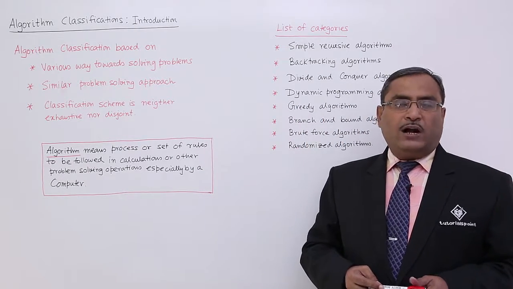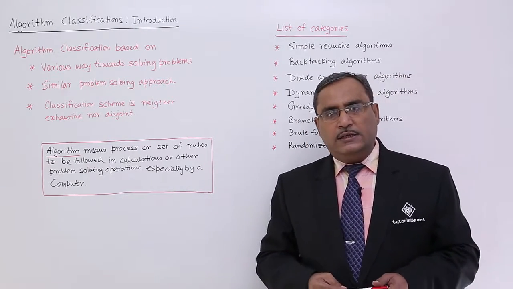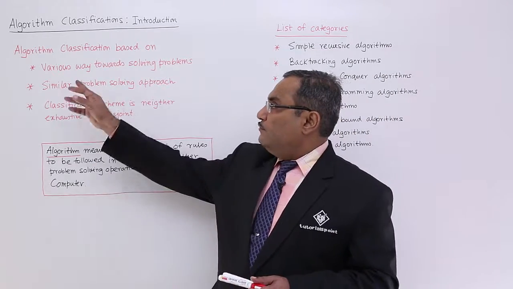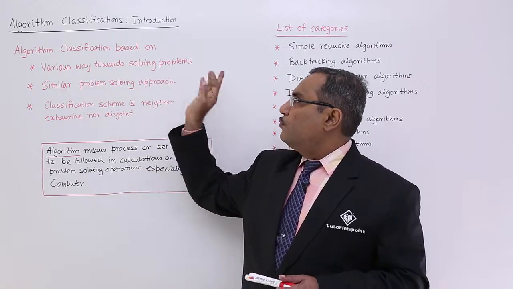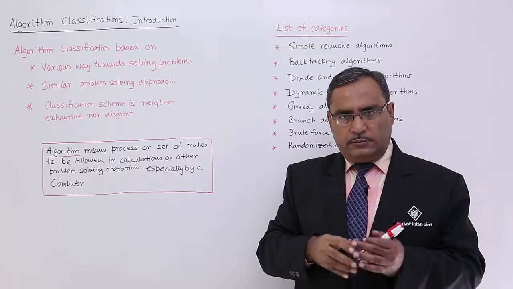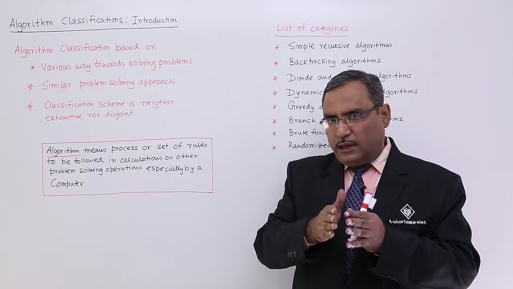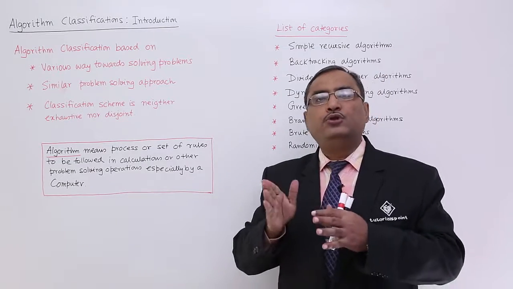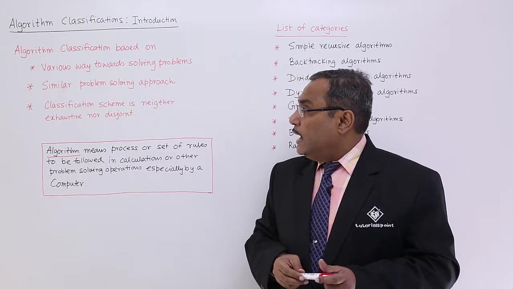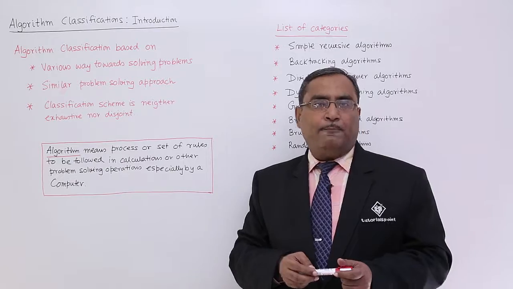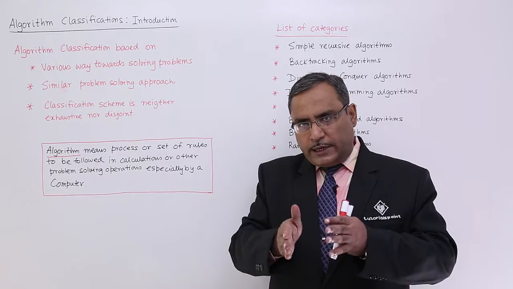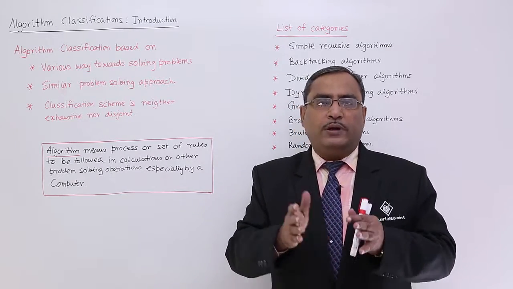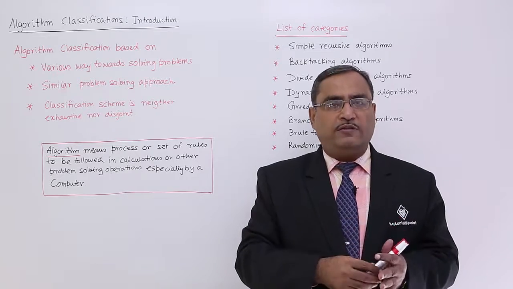But depending upon what are we doing the classifications? Depending upon the various ways of solving problems. So we'll be doing these classifications depending upon the way in which we are going to solve a problem, and a similar problem solving approach. Whenever some problems are solved with a similar approach, we take that as one of the classifications.